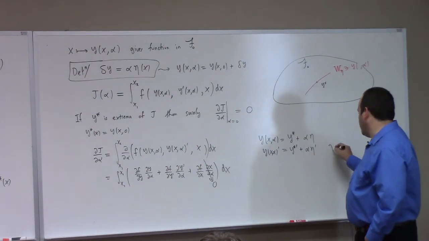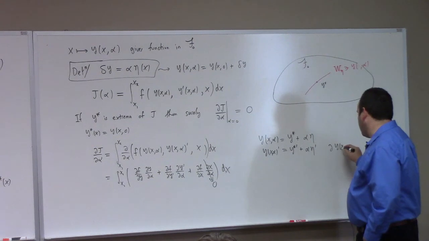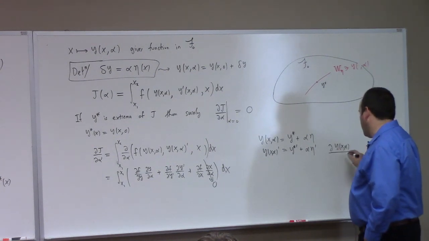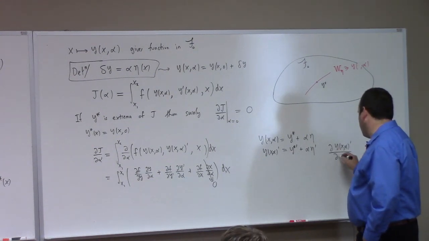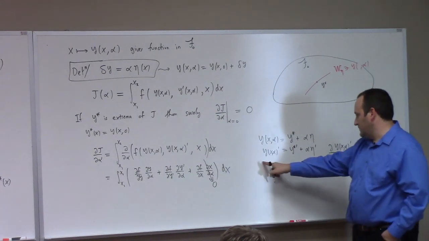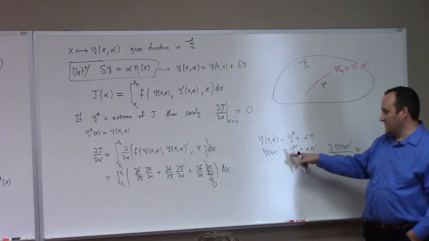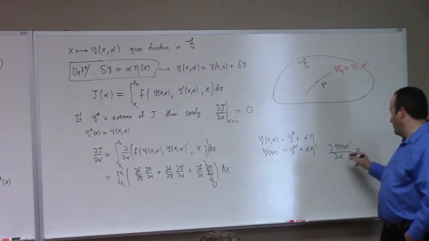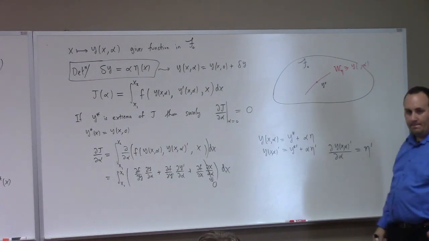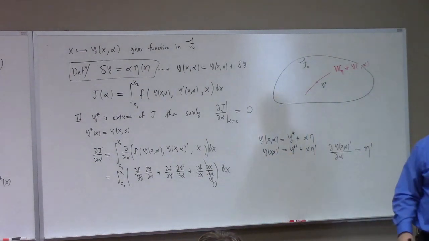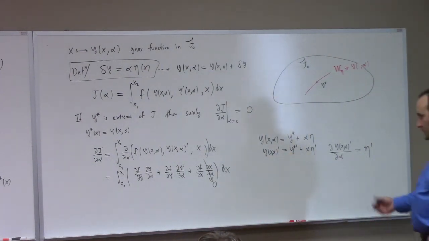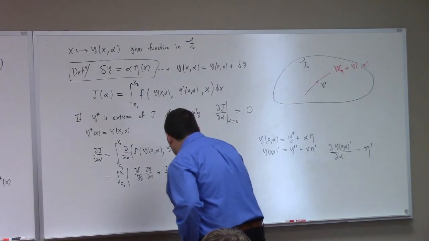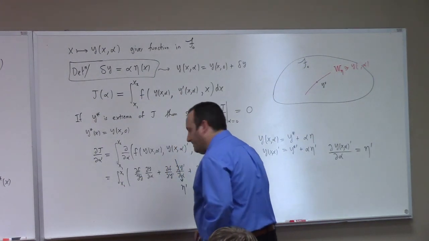So if you look at this, partial y prime, partial alpha, this has got no alpha dependence, and so it just gives me eta prime.